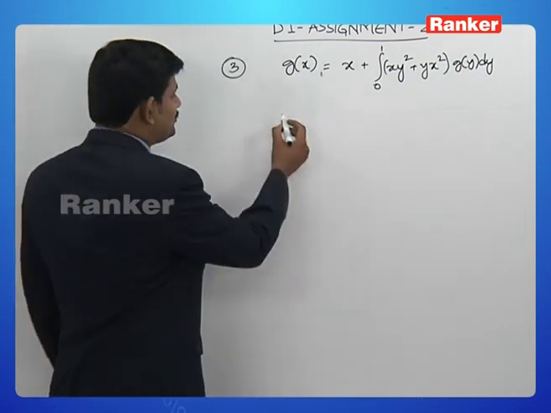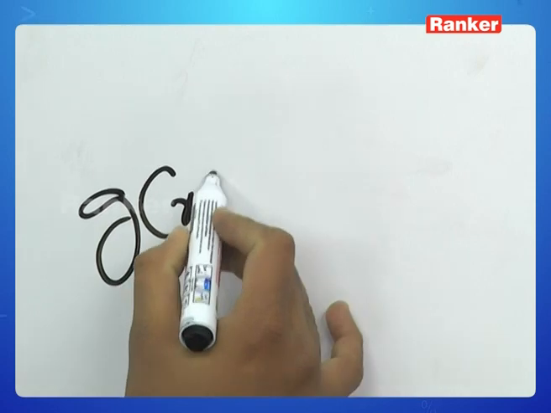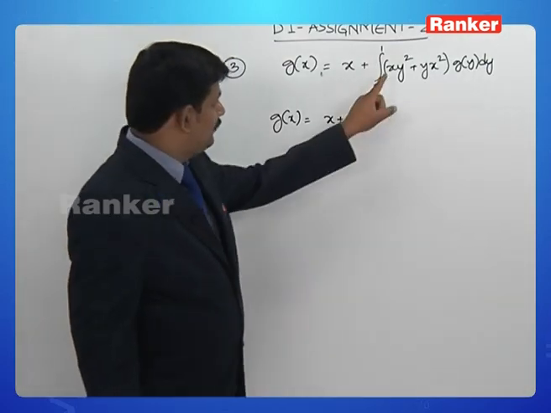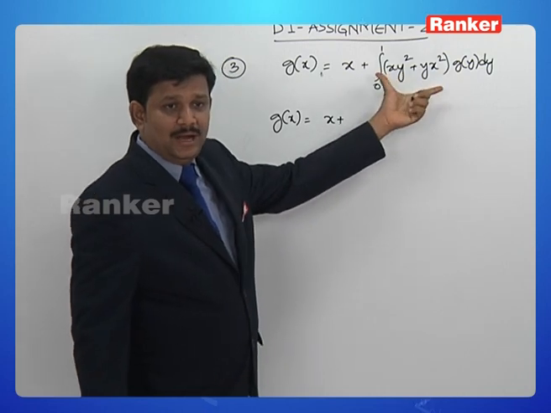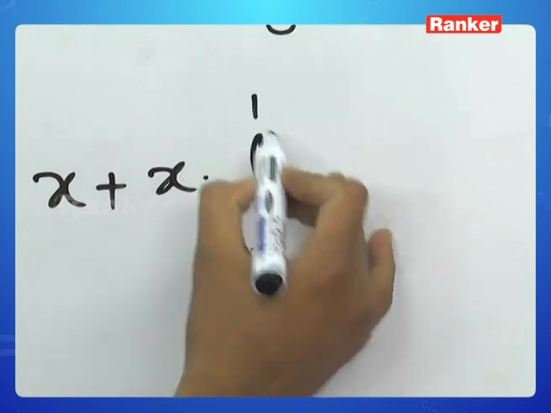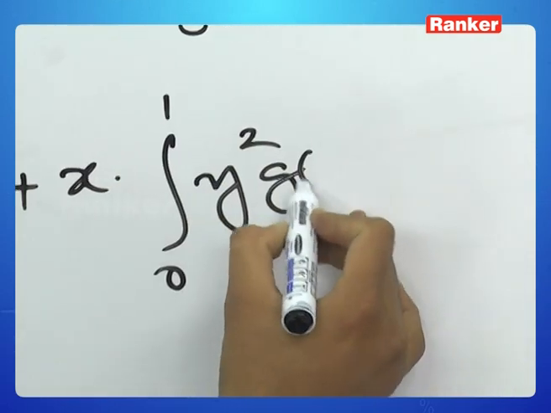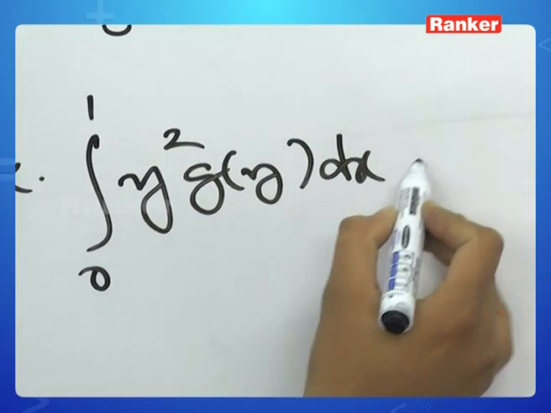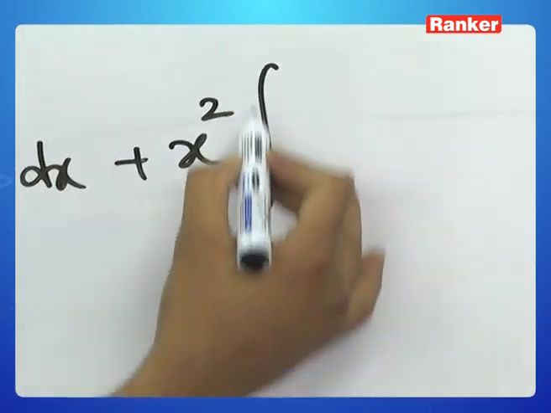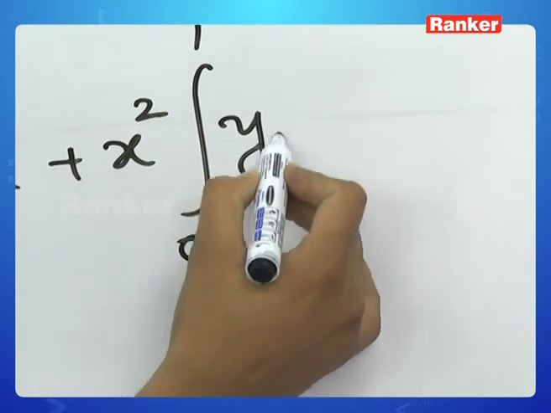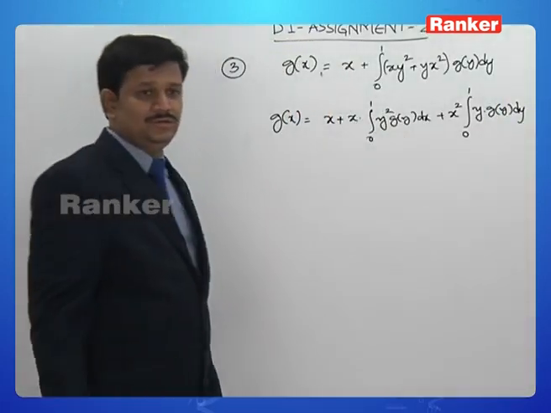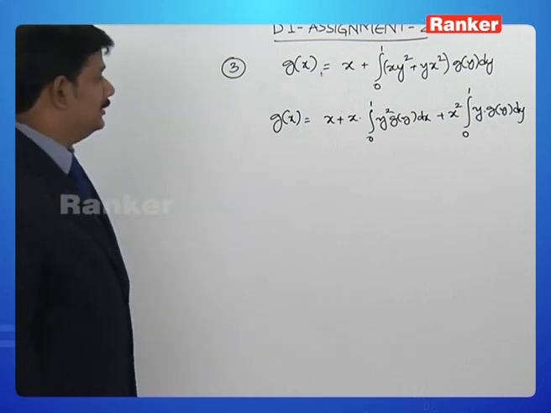If we observe this expression carefully, g of x is equal to x plus, from this integral, break it into two parts: x into the integral from 0 to 1 of y square g of y dy, plus x square into the integral from 0 to 1 of y into g of y dy.